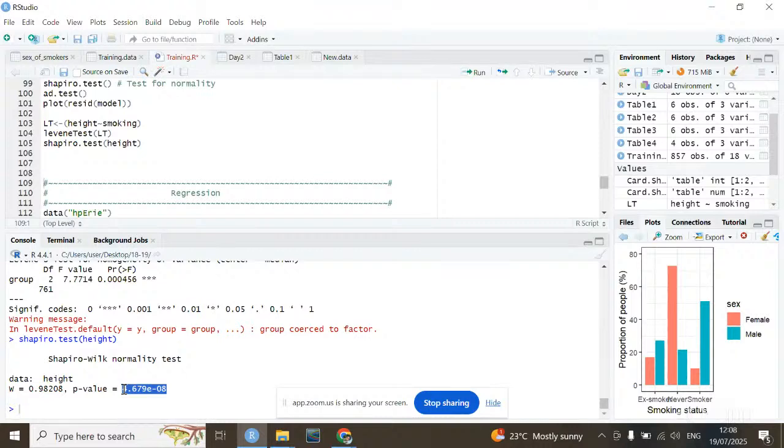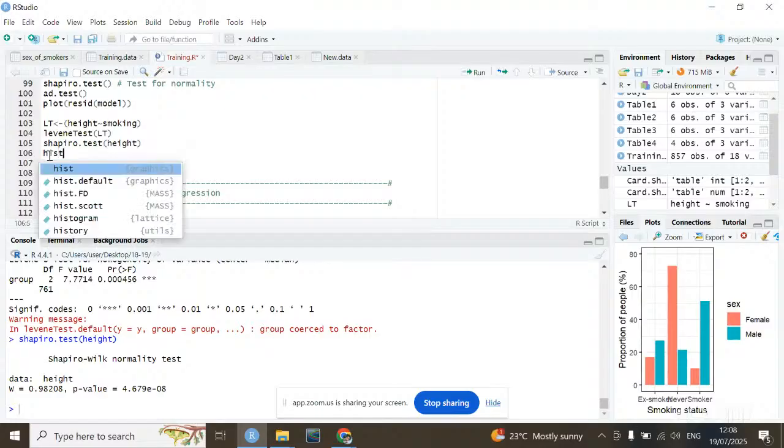Our data is not normally distributed. If you use the Shapiro test, the p-value is very low. We could also have used a histogram.